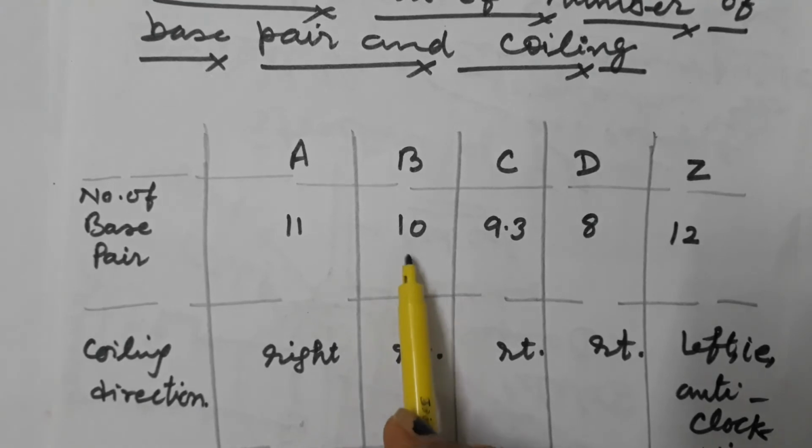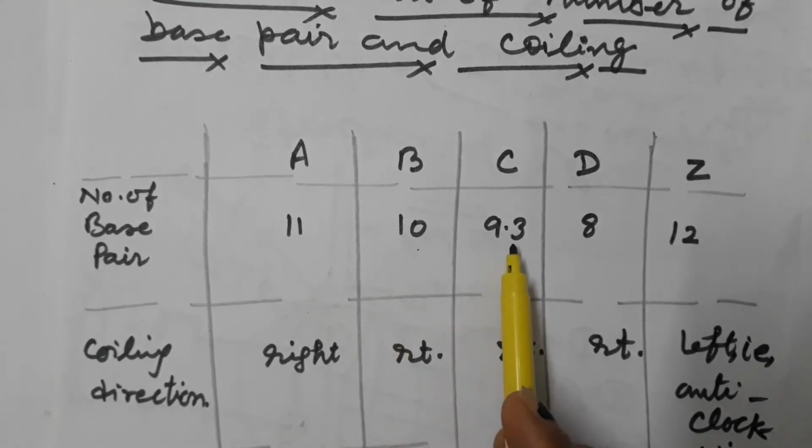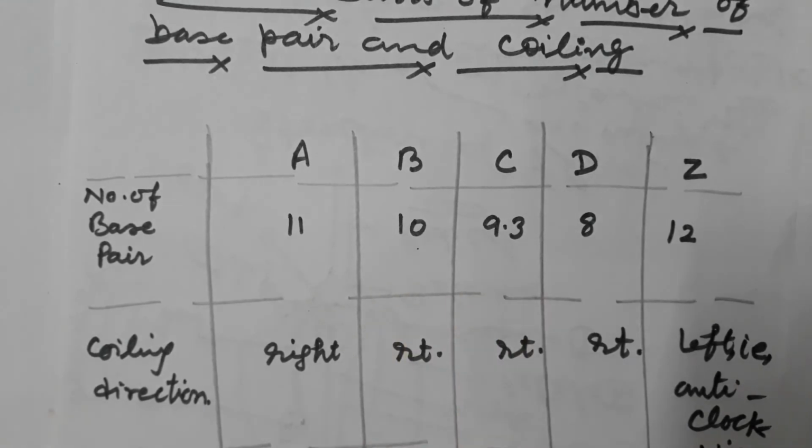In case of B DNA, 10 base pairs. In C, 9.3. Somewhere in between 9 and 10 staircase are there. In D, 8 base pairs are there. And in Z, 12 base pairs are there.